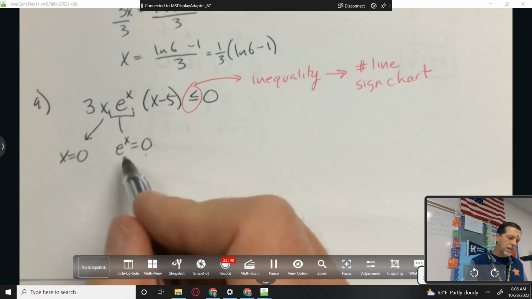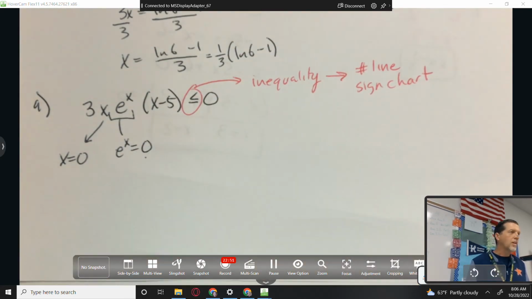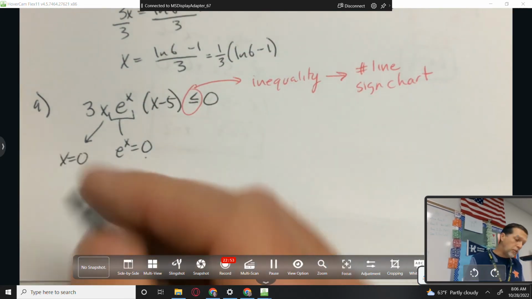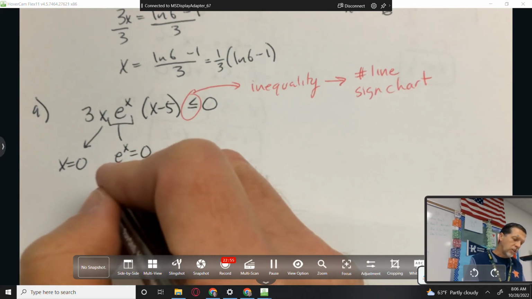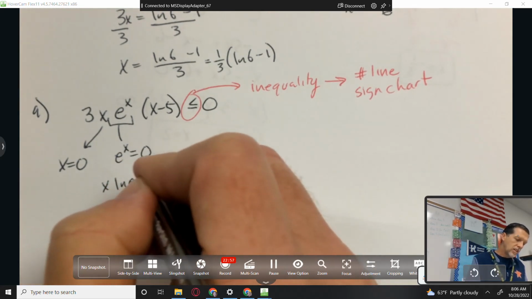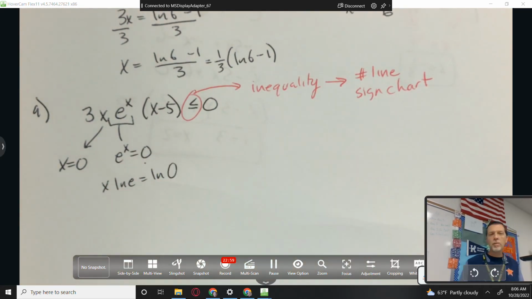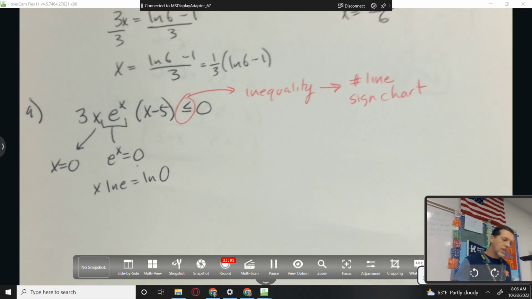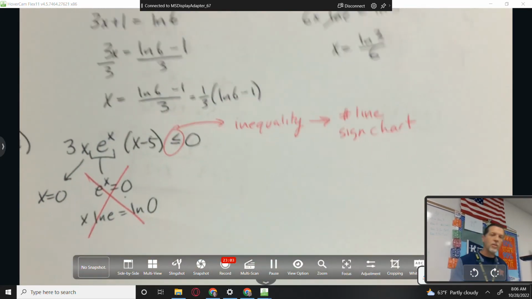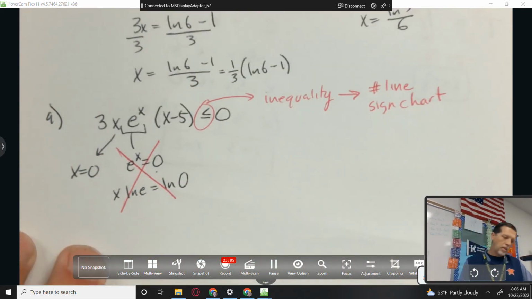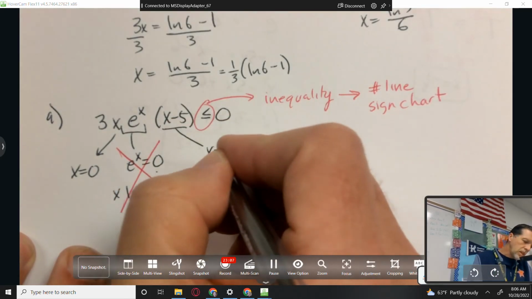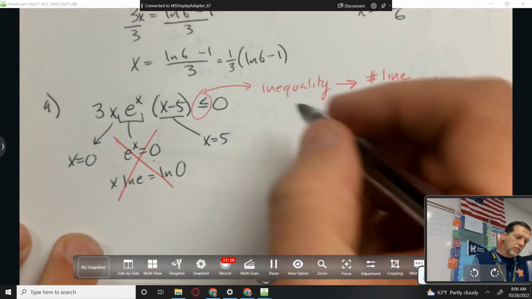So I'm kind of stuck. That one doesn't do anything for me. If you don't remember that and you try to natural log both sides, that's fine, but then maybe you remember you can't take the natural log of 0. So that thing doesn't do anything for me. That can't be 0. And then the last one is x equals 5.